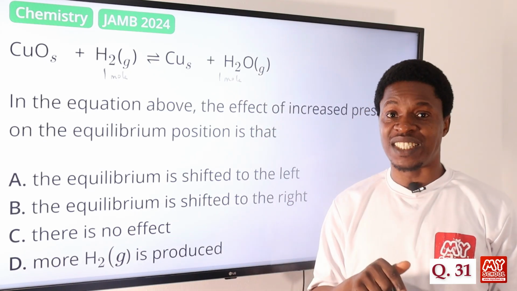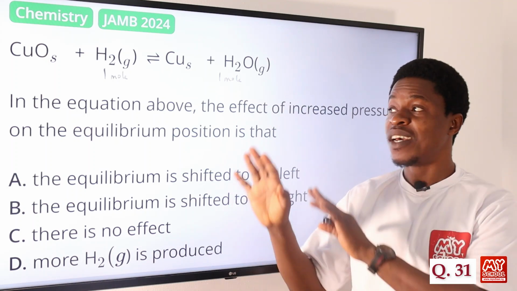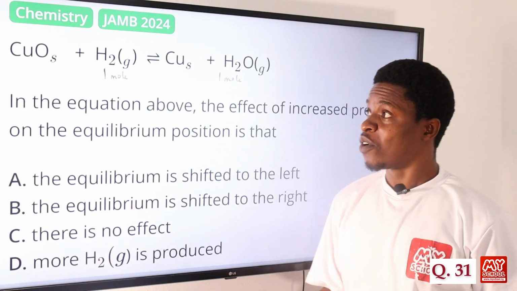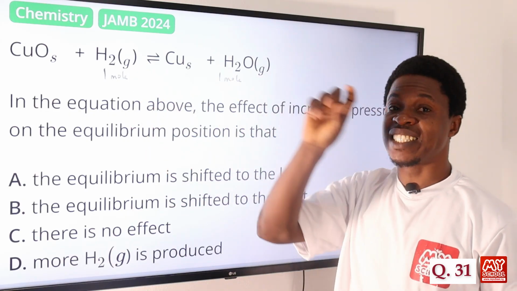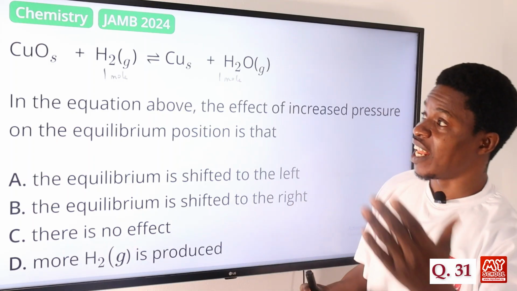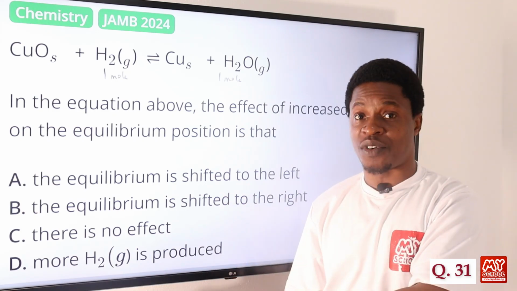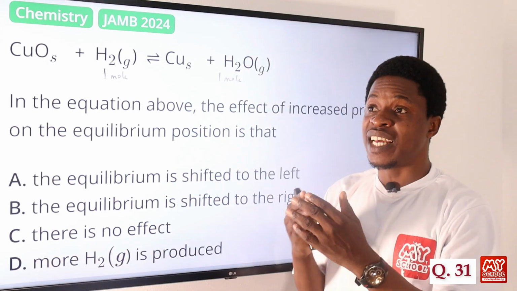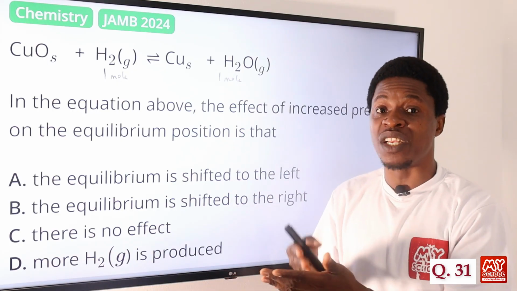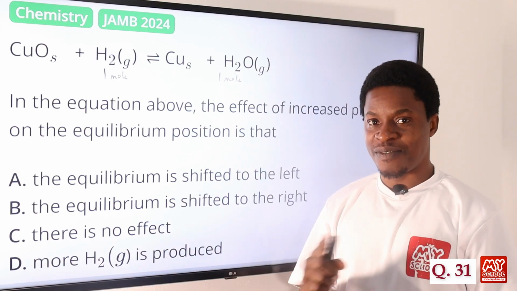Visit our video lessons that we had in a previous class when we talked about chemical equilibrium. We dealt so much with this, so we don't have time to go through all of it. What we said is that the side that has the lesser number of moles, whether on the left hand side or the right hand side, will be favored by an increase in pressure. The side that has the higher number of moles will be favored by a decrease in pressure, vice versa.